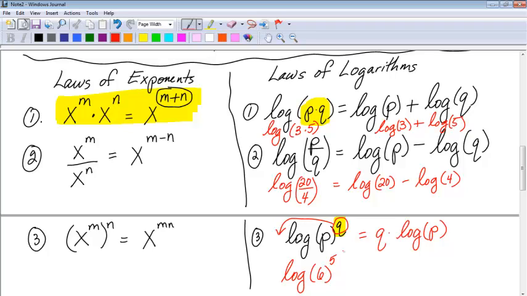I need that exponent on the log of 6. Okay, so let's do log of 6 and raise that to the 5th. Let's try that. There we go.